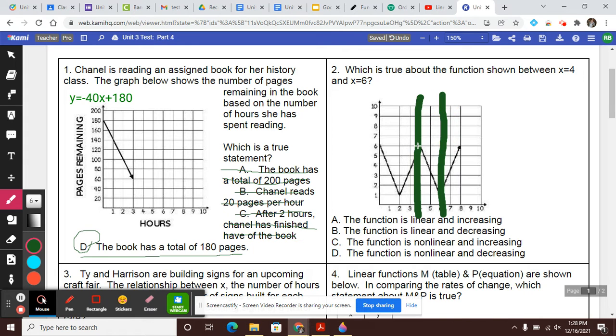First of all, I know that it goes down, so I want to cross out anything that doesn't show that. This one says it's increasing. Well, nope, it's decreasing. B could work. C can't work because it says it's increasing. We know for a fact that that line is going down. Then we judge if it's linear or nonlinear. Well, it forms a straight line, which means it's linear. So it has to be B.